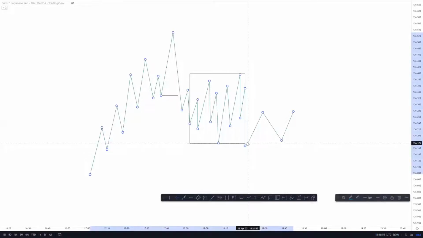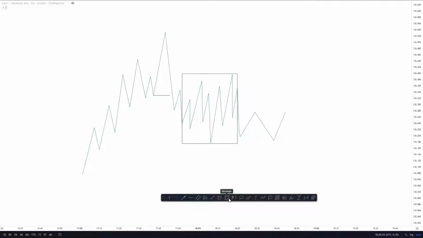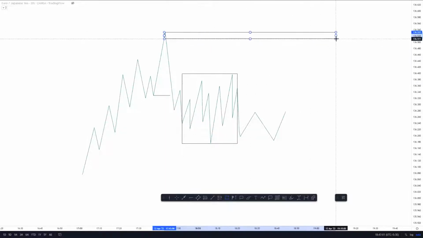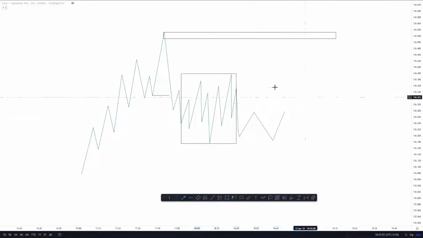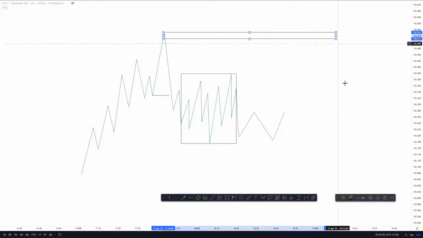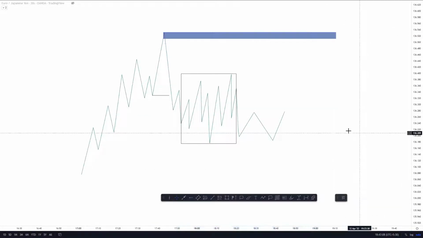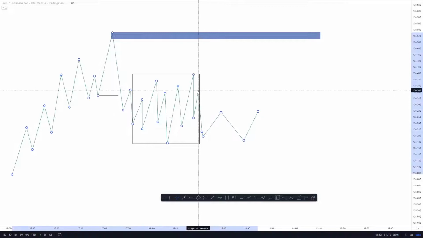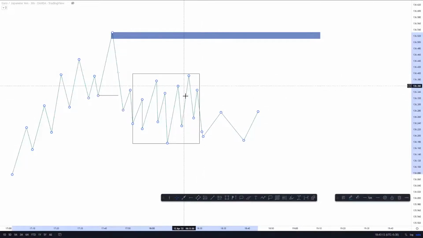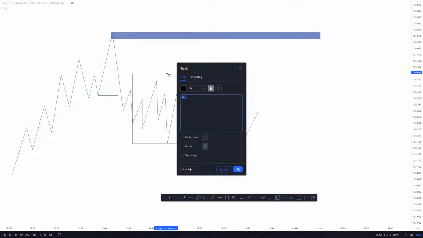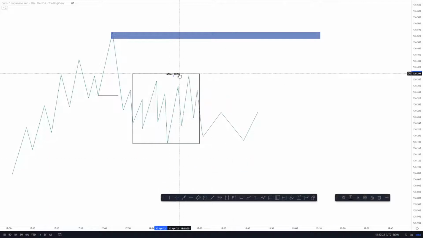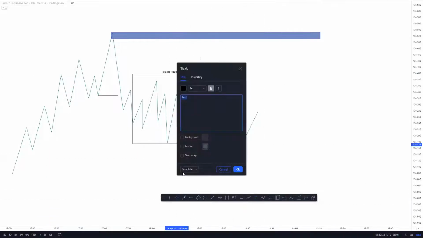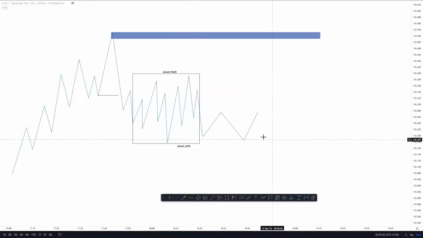So what most of the time I do, like I see some kind of supply or demand zones in here. I will just mark the supply and demand zone, and you see like this is your Asian session high, and this will be your Asian session low.